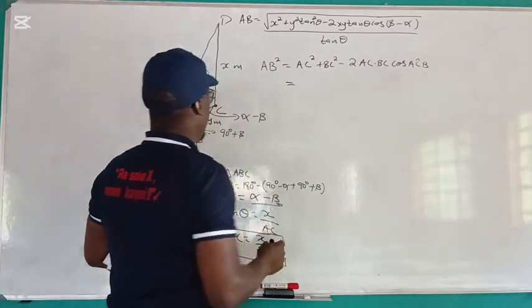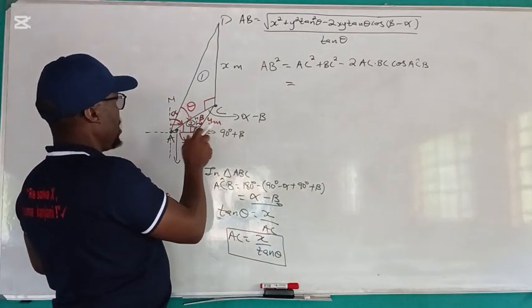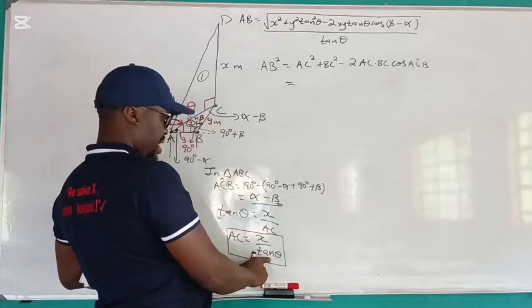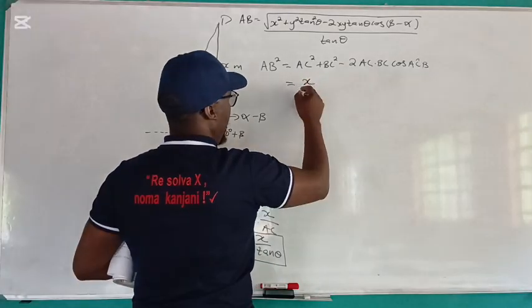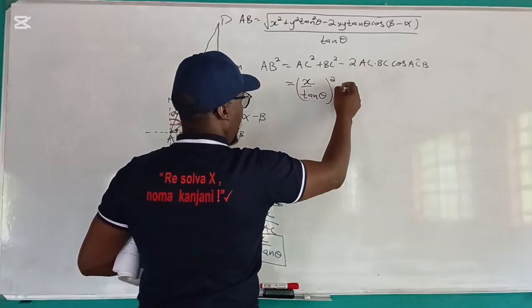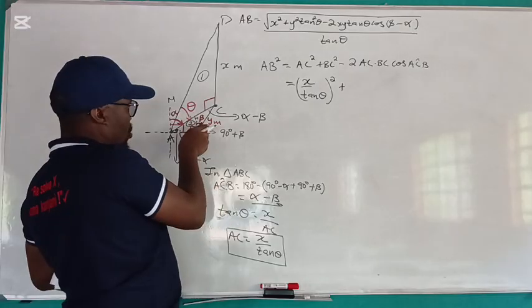Okay, let us substitute. AC is equal to x over tan theta. So we're going to have x over tan theta all squared plus BC, which is equal to y meters.